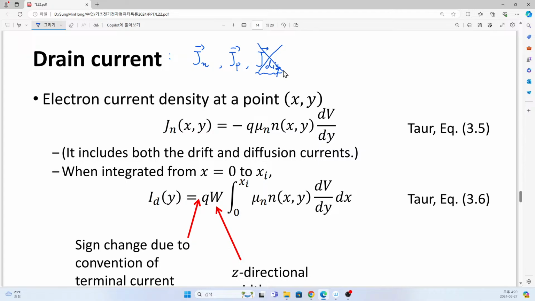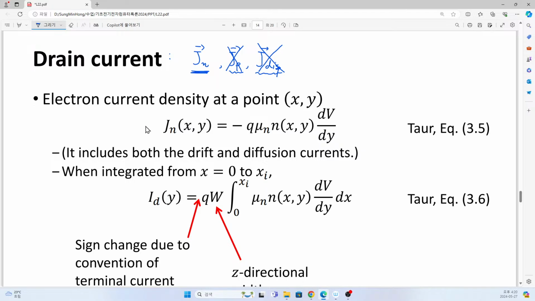Yes, we can certainly neglect this one. And this is hole current. However, we can also neglect this hole current. So now we will consider only electron current because that is the most important and major contribution to our current.